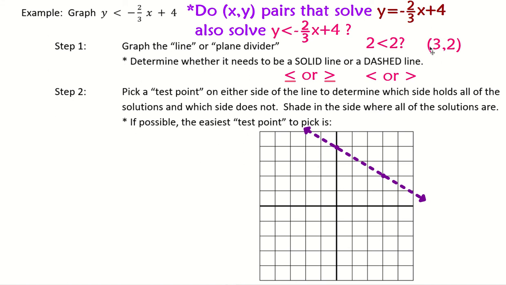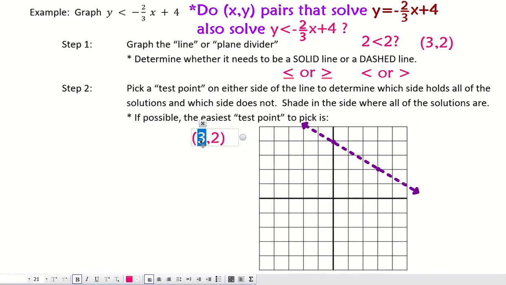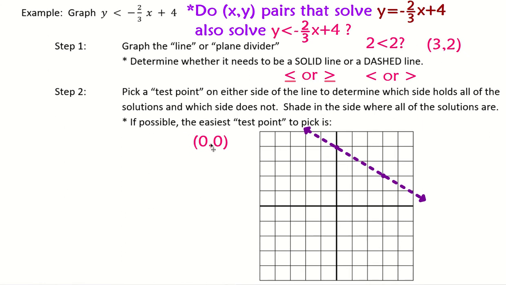And the classic test point that you would always probably want to pick, if you can, is (0, 0), unless your line literally passes right through (0, 0). In that case you couldn't use (0, 0) as a test point, because you want to pick a point that's actually on one side. But otherwise, you should pick (0, 0) because it's the easiest point to plug in the numbers and check really quick.